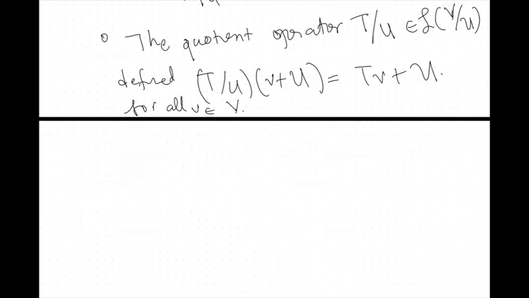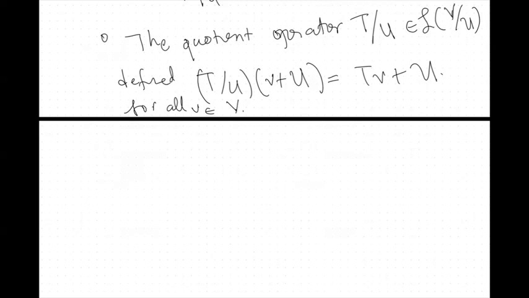This quotient operator is well defined because if you get two affine subspaces V plus U and W plus U, and they are equal, then T of V plus U is equal to T of W plus U. Hence, V minus W is in U, and because of the invariance of T, that means T of V minus W is also in U. Therefore, T of V minus T of W is in U, which implies that T of V plus U is equal to T of W plus U as desired.